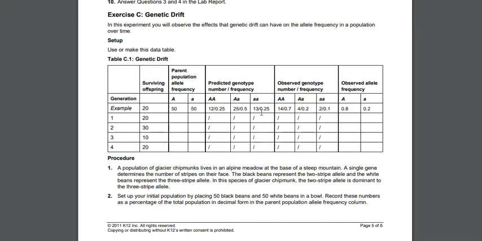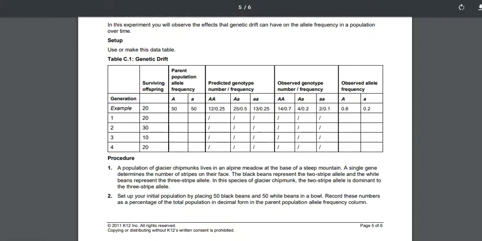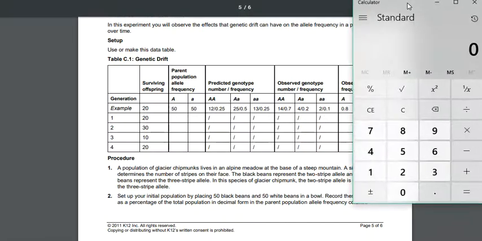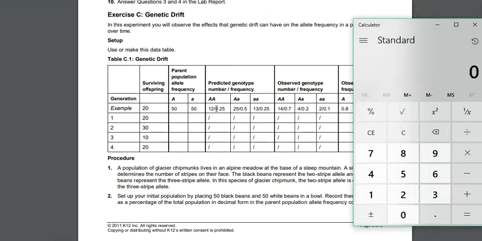We're going to do our predicted genotype number and frequency. So we do the same thing that we have done in our other charts. To figure out those numbers, we get our calculator out and we do p squared for homozygous dominant. Here is our p value, 0.5 squared, which is 0.25. We're going to do the same thing for heterozygous, which is 2pq.